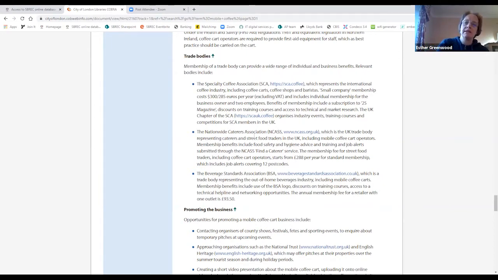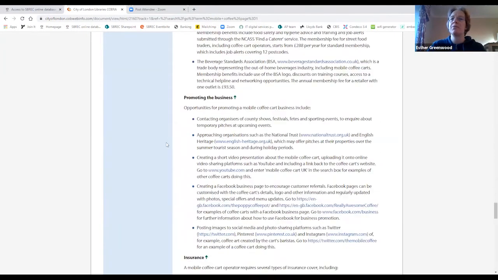Sometimes by joining, you can get discounts or preferential rates on your insurance, because they might do a deal with a particular insurer. But these trade bodies also produce information to help you keep up to date with any legislation or regulation changes in your particular business. So trade bodies can be a very good and useful source of information around that.